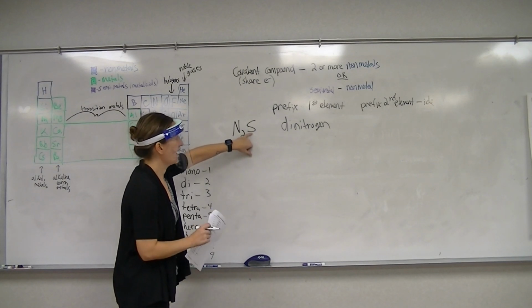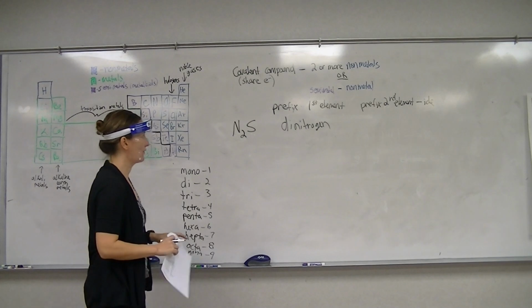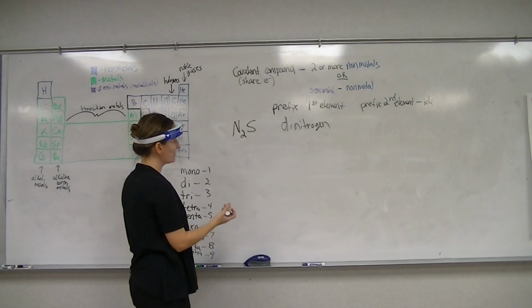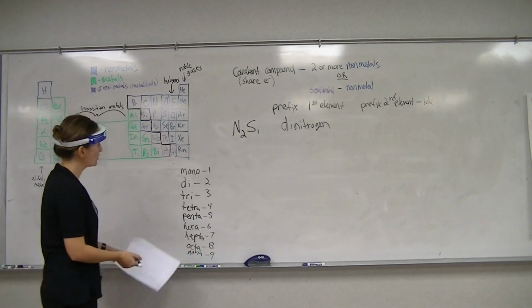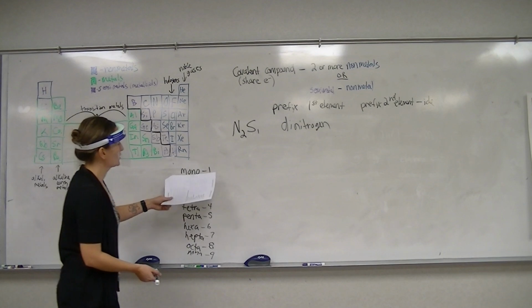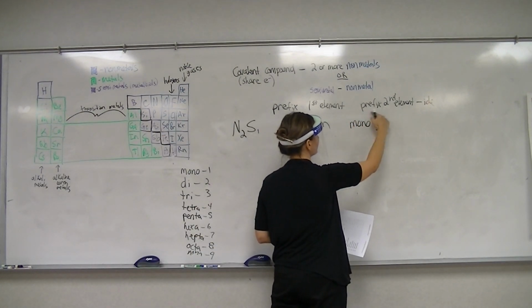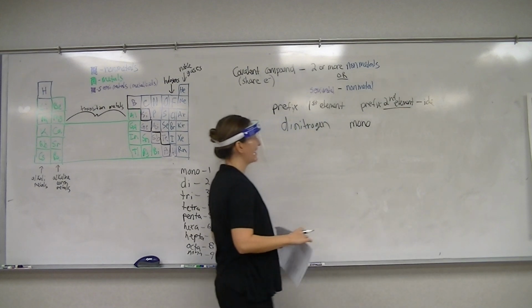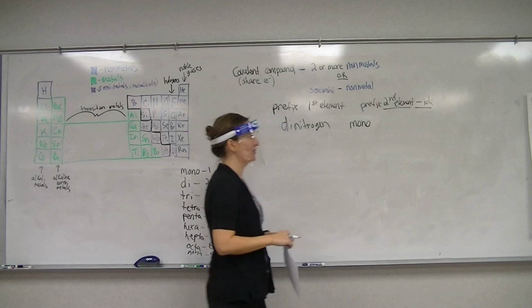I start, once again, with a prefix indicating how many sulfur atoms there are. There's no subscript after the sulfur, so I assume there's just one of them. So I use the prefix that corresponds with the 1, and that's mono. I'm going to start with mono, the prefix, and then write the second element's name, but I'm going to add an IDE ending to it.